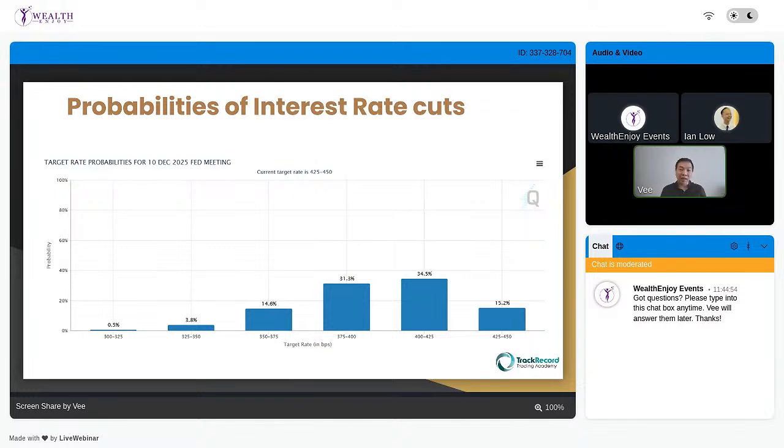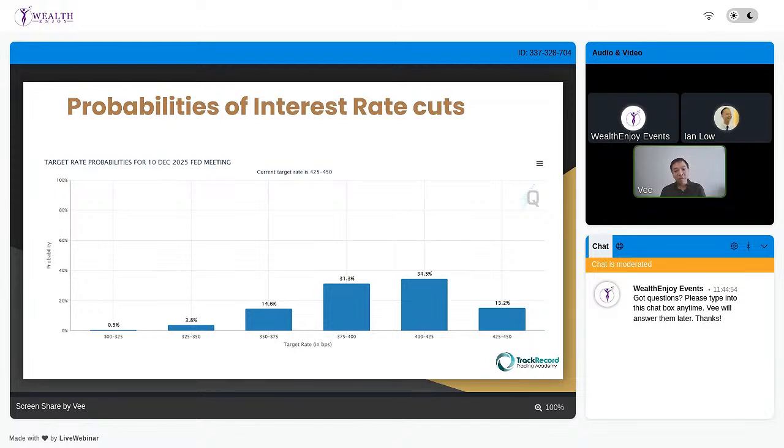And when they were hiking rates, it was pretty much automatic, just hiking interest rates, because inflation was so much higher than the inflation target at 2%, and they were not worried about the jobs market at all. So now we are at a balance of both mandates.